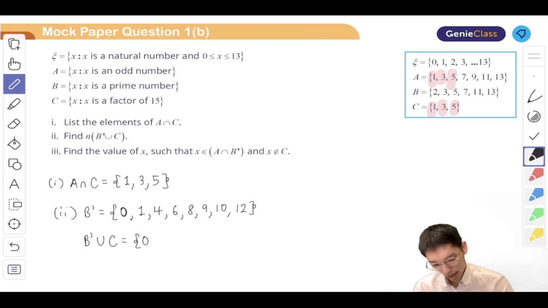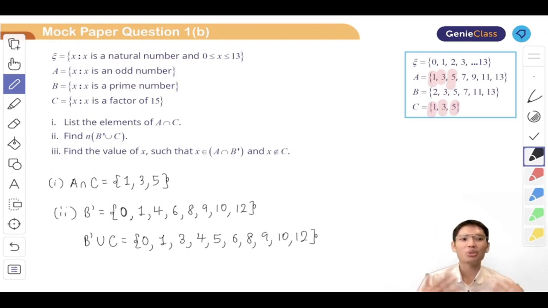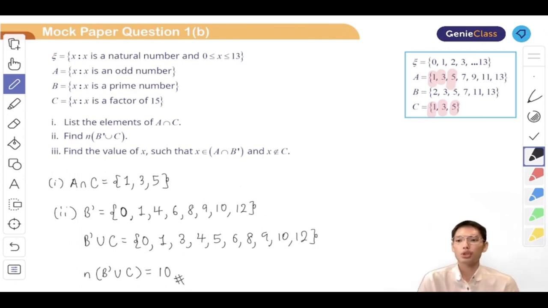So in B prime, in both, only in C, in B prime, in C, and then the rest. And then all we have to do afterwards is counting them. So the number of elements, and remember that's the notation we have, is just to count them. It is none other than 10. So that's the notion of number of elements.